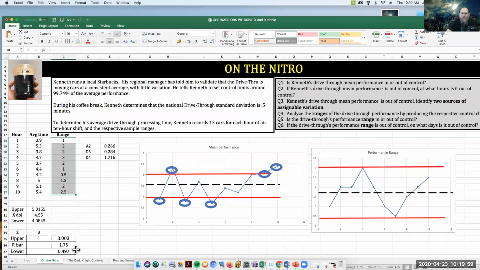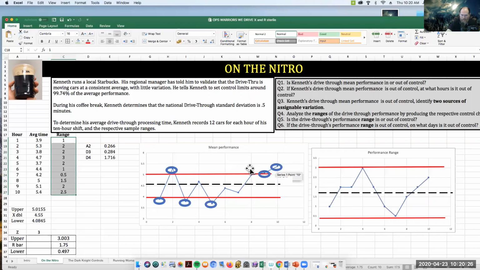No. Do I have any values less than 0.497? And the answer is no. Okay. So my process is in control for performance range, and for mean performance, it is, but I kind of want to keep my eye on this.